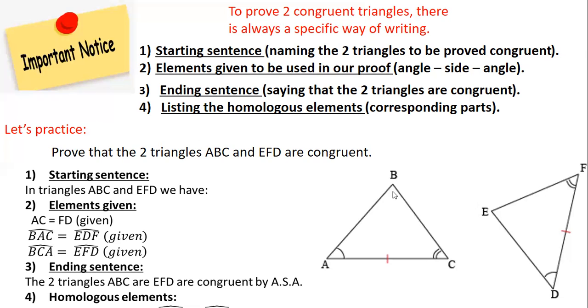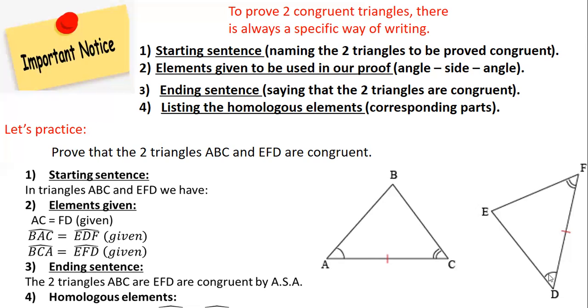The homologous elements mean, as you still remember what I said in the definition of congruent triangles, the three angles in the first triangle, after being congruent with the second, will be equal to the three angles in the second triangle.